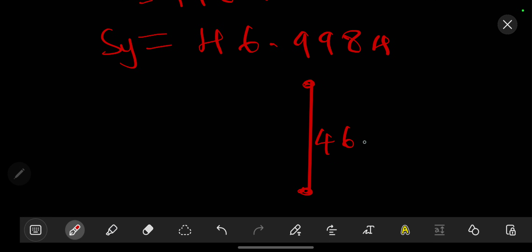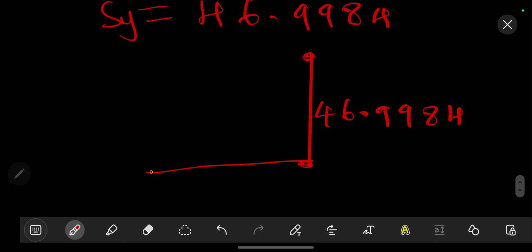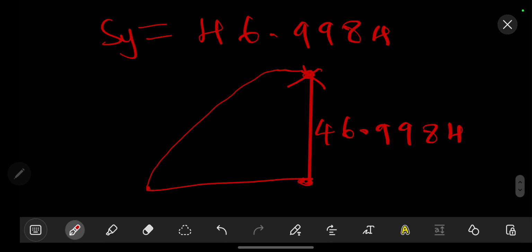So it began moving from here, then when it reached this point, the height was 46. Now this same height is the height that the mango should be thrown up to by the assistant, because we want it to intercept the arrow.